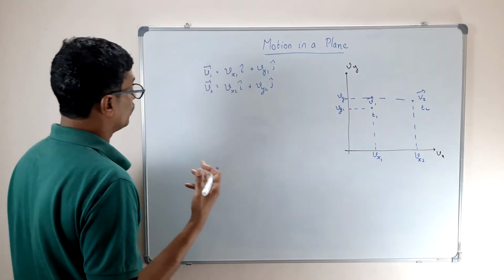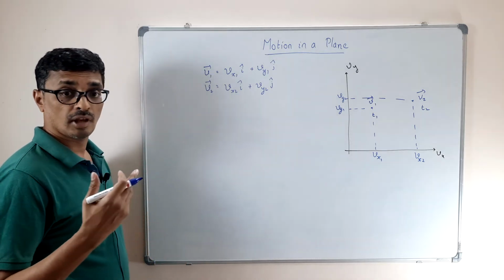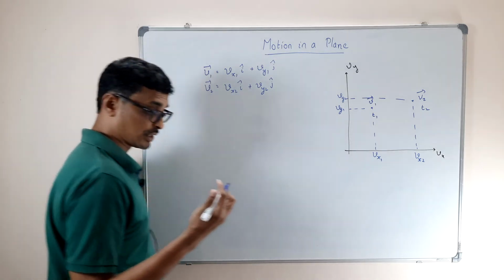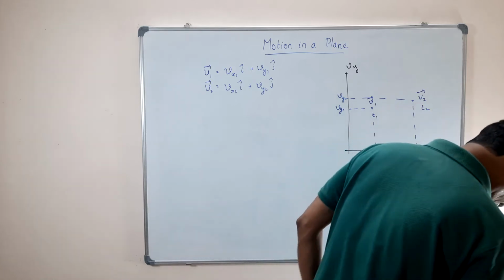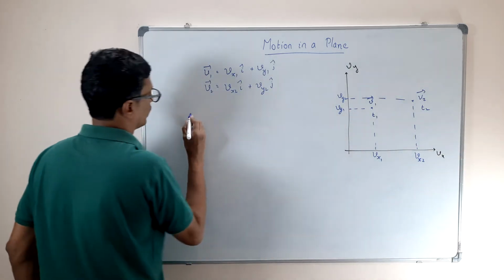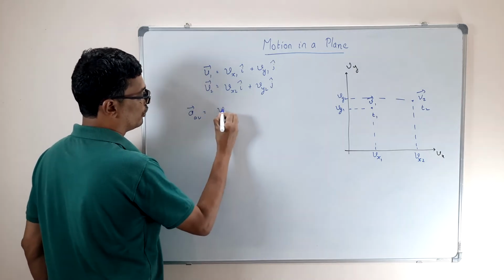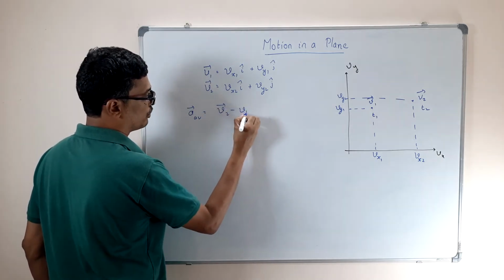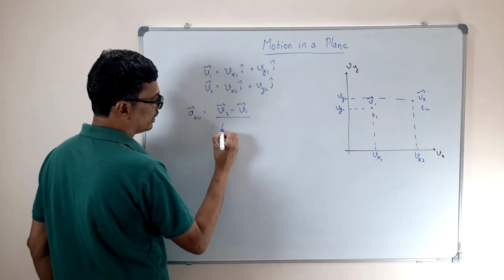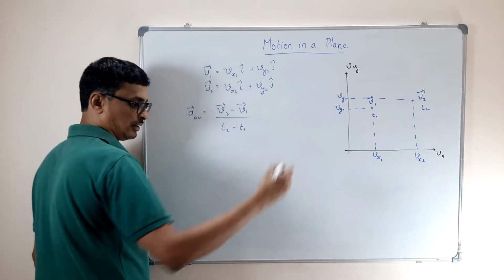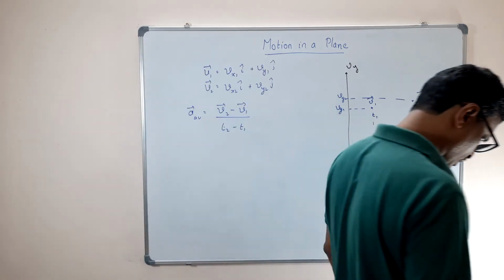If you want to go for average acceleration, the symbol is a average. The acceleration will be v2 vector minus v1 vector divided by t2 minus t1, the same way as we did earlier.